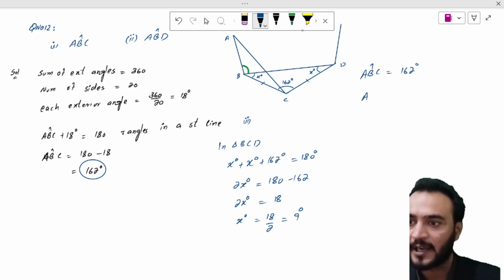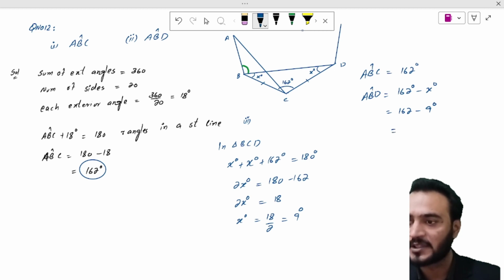So the angle ABD is equal to 162 degrees minus x degrees. So this equals 162 minus 9 degrees. We get the angle which is equal to 153 degrees. So this becomes the answer of this question. I hope you understand.